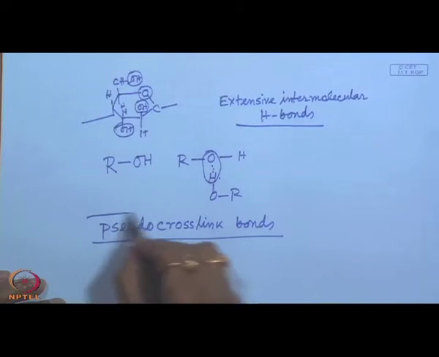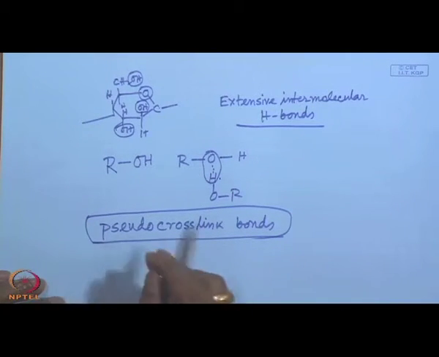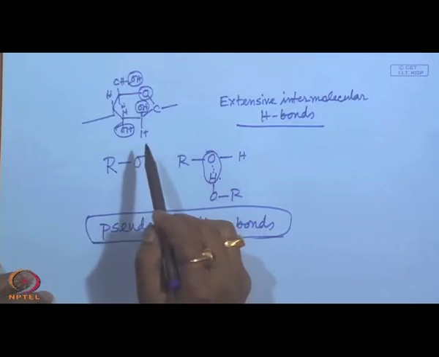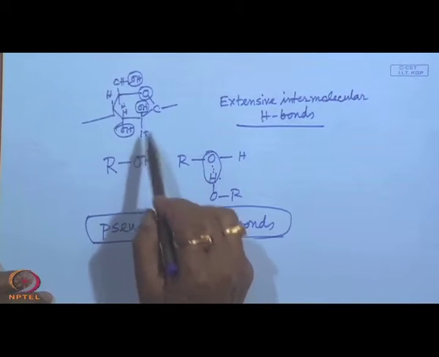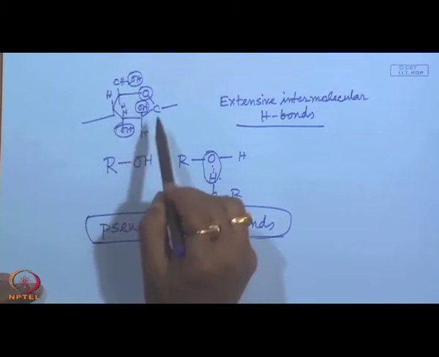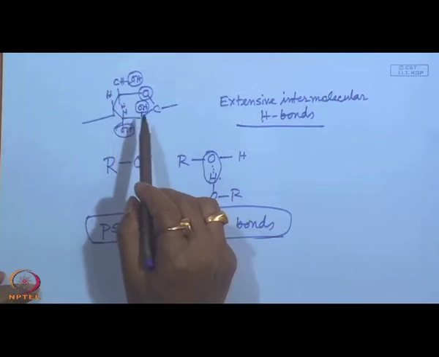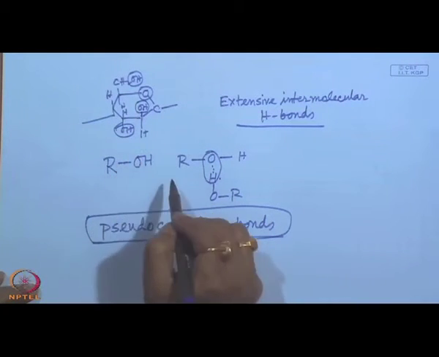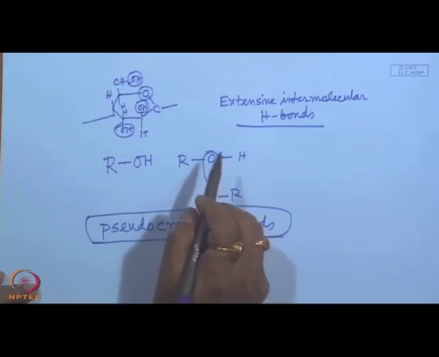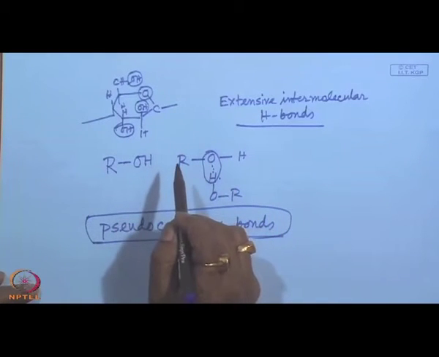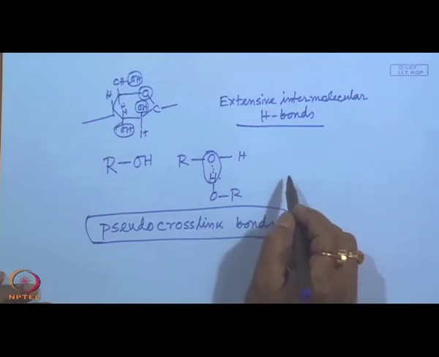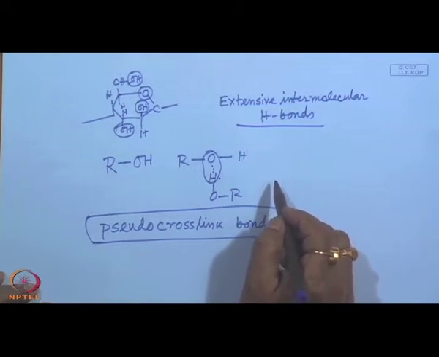Pseudo cross link bonds mean there is intimate bonding between each anhydroglucose unit of one molecule and the anhydroglucose unit of the other molecule. So, that does not help the polymer to be more hydrophilic, and that prevents biodegradation.